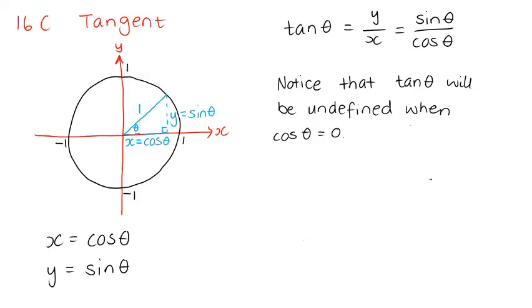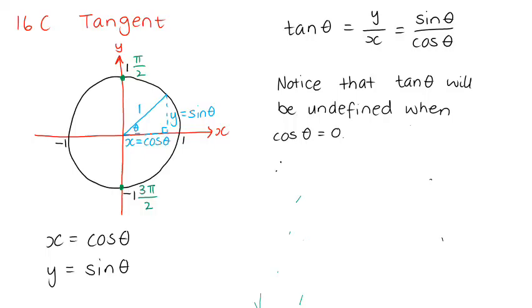Not quite. Remember, we go around the unit circle. Cosine theta is like the x value at certain points. So when is the x value 0 around the unit circle? These 2 points here and here. What are they in radians? Pi on 2 and 3 pi on 2.